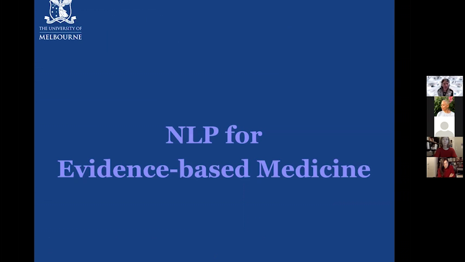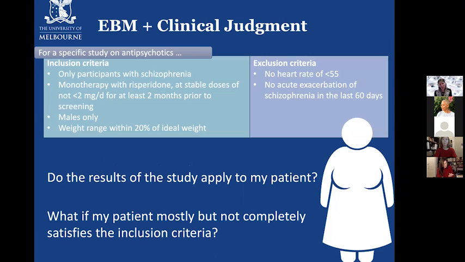Moving on now to other uses. We also have a body of work related to evidence-based medicine. The idea here is to support the clinical reasoning required to decide how to treat a patient. Think of an example of a study with clinical evidence related to a particular antipsychotic, where the inclusion and exclusion criteria are quite specific.